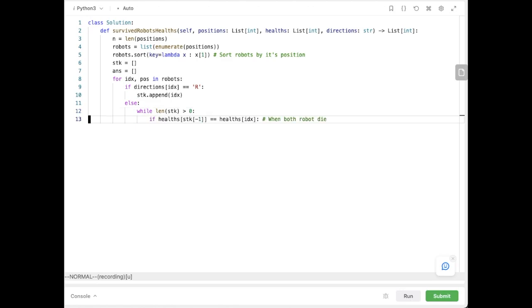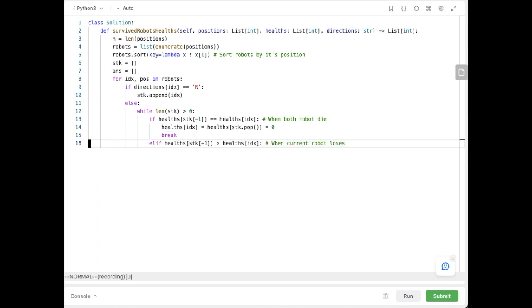So first case, we're going to check if the health of the robot on the stack is the same as the health of the current robot, then both of them will die. So I'm just going to mark them as dead by setting their health to 0. So if they both died, then I will just break the loop.